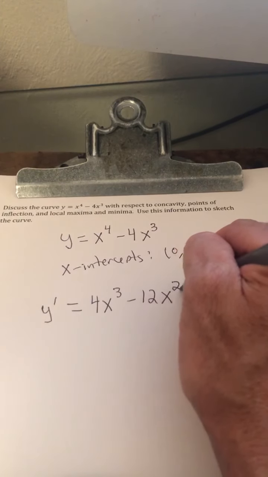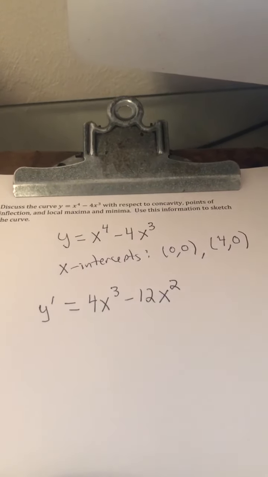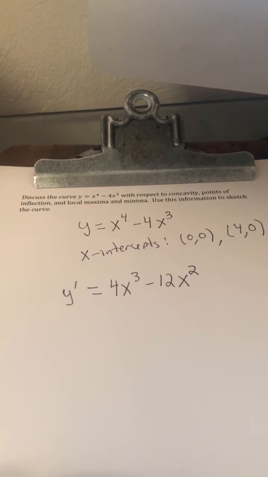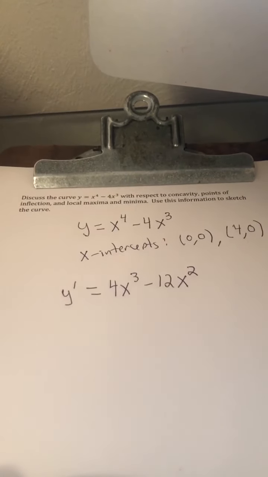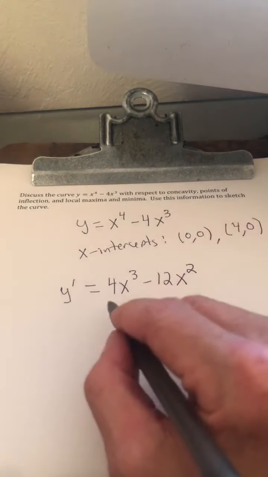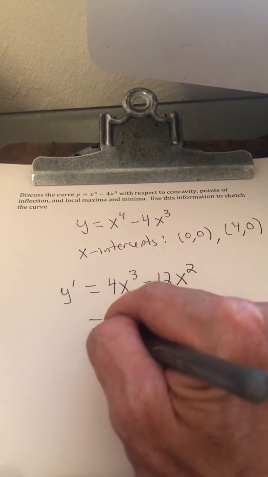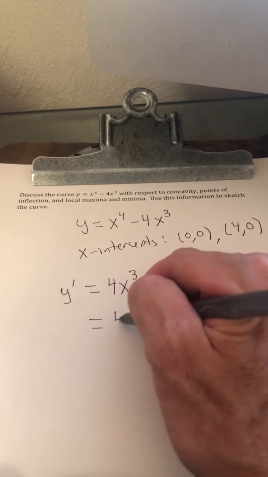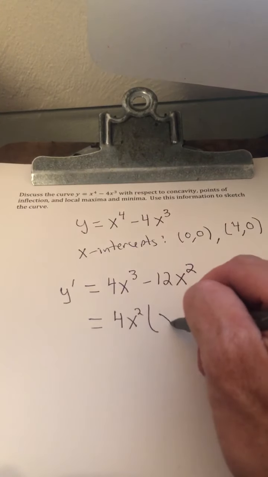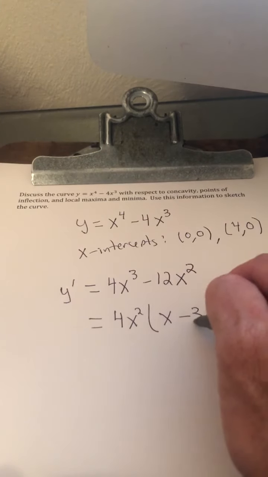What we're doing right now is looking for local maxima and local minima, which also means we need to know where the function is increasing and where it is decreasing. So I'll factor this expression: 4x squared times the quantity x minus 3.